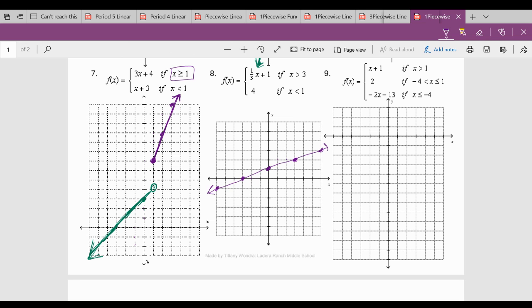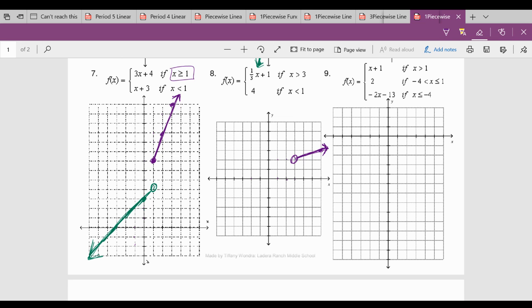And then x is greater than 3. 1, 2, 3. So anything greater than 3. It's not equal to, though. So I'm going to erase that little dot, and I'm going to make it an open circle and anything bigger. So it's going to be anything to the right. Everything else I can erase.